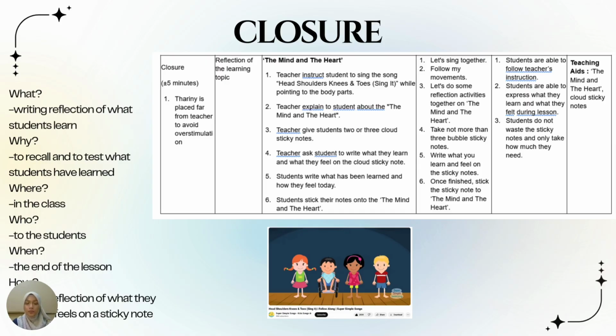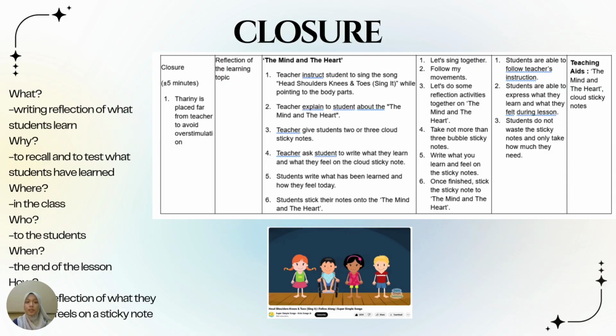So for this closure stage, I decided to let the students write a reflection of what they learned on a sticky note. So what will happen in this closure stage is that first the teacher instructs students to sing the song Head, Shoulders, Knees and Toes while pointing to the body parts.